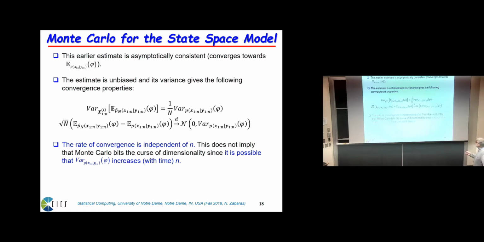I am taking the expectation. This is an estimator. I don't have access to the true posterior. So what is this posterior? It's the empirical measure. And it's the empirical measure when I have collected how many data? N. Okay? All right.